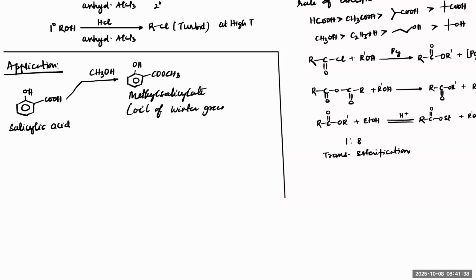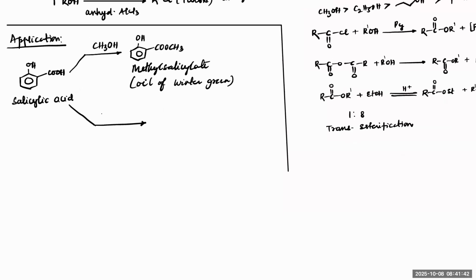Next, you can react this with CH3COCl. That will create an ester on the alcoholic side, keeping the acid the same way. This is called aspirin.